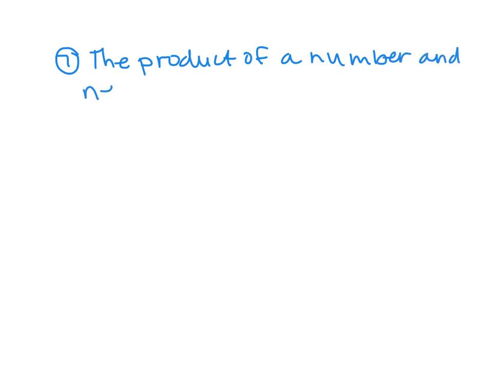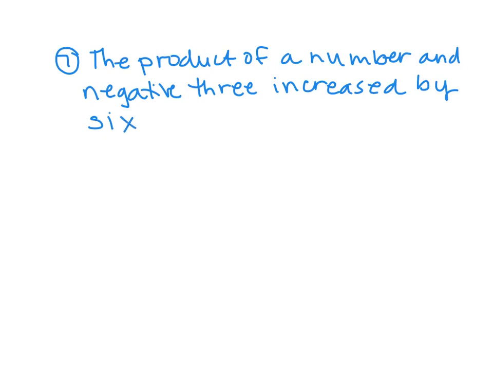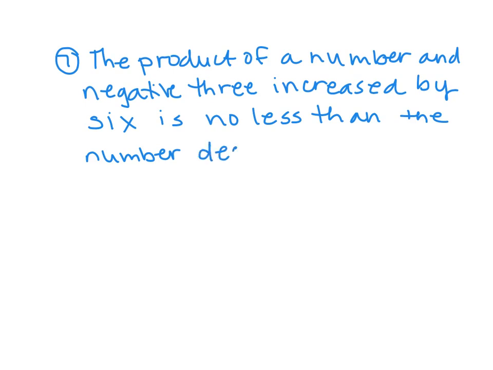For example, the product of a number and -3 increased by, let's say, 6 is no less than the number, let's say decreased by 12.